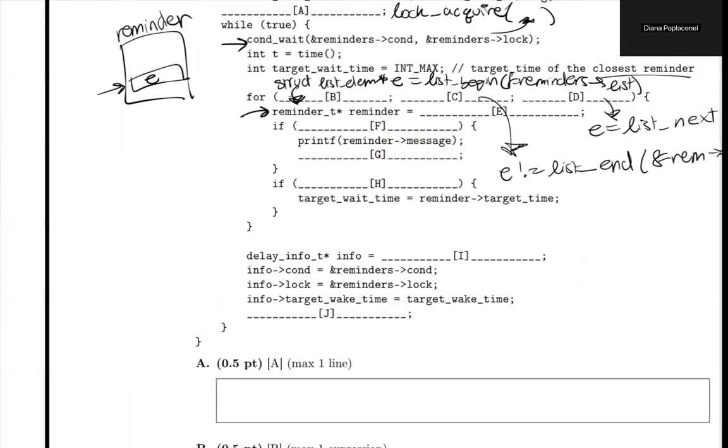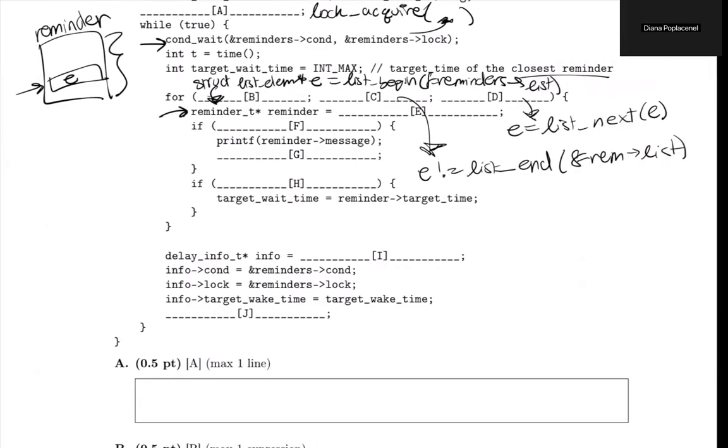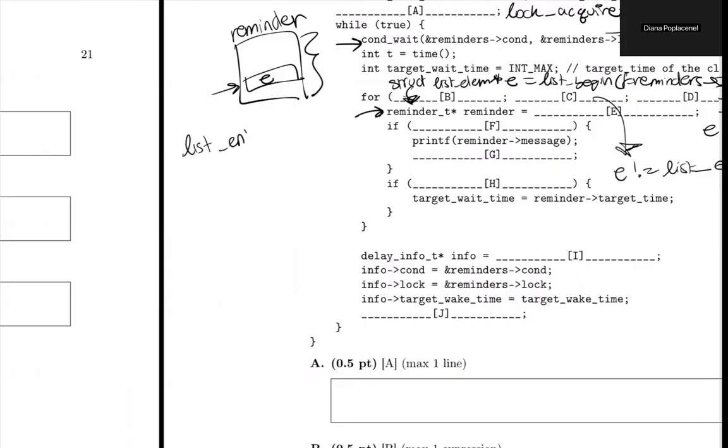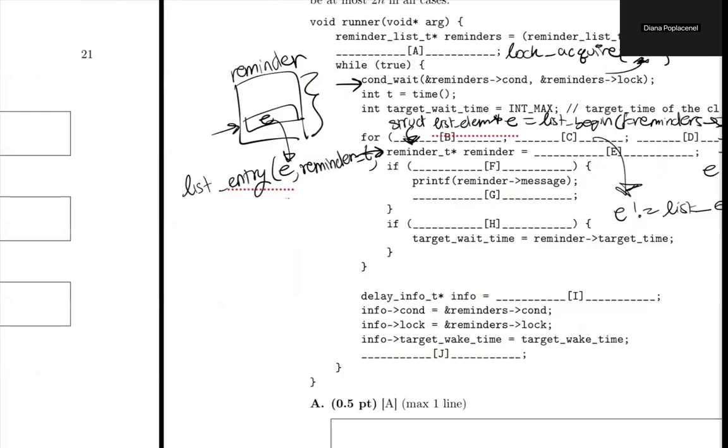And so to actually extract this entire reminder struct that I like to call the parent or the container struct, you're going to use this macro called list entry. And list entry takes in 3 arguments. It takes in the list elem, so in this case, it's called e, or I called it e, call it whatever. It takes in the name of the parent struct, in this case, reminder t. And then it will also take in the name of the list elem as you declared it inside of struct reminder in its declaration earlier, which is going to be elem.